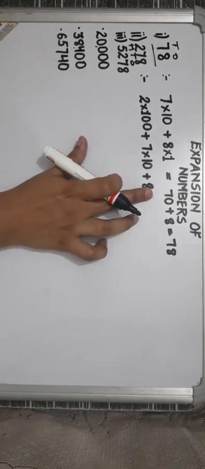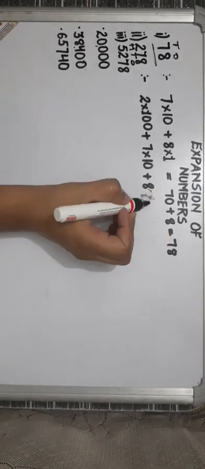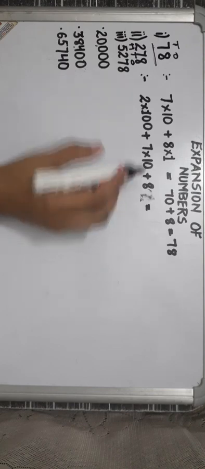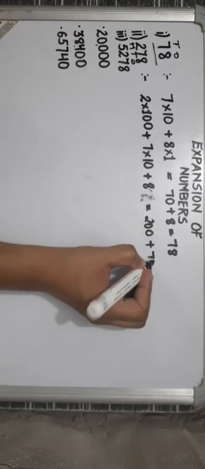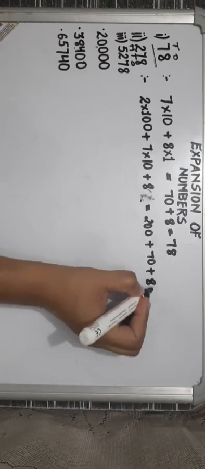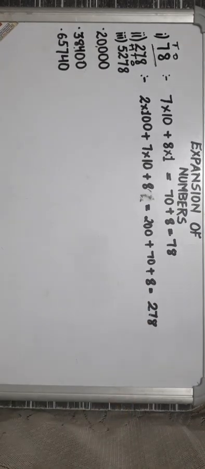It is not needed at all. So it will become 200 plus 70 plus 8, and after adding you get the result as 278.